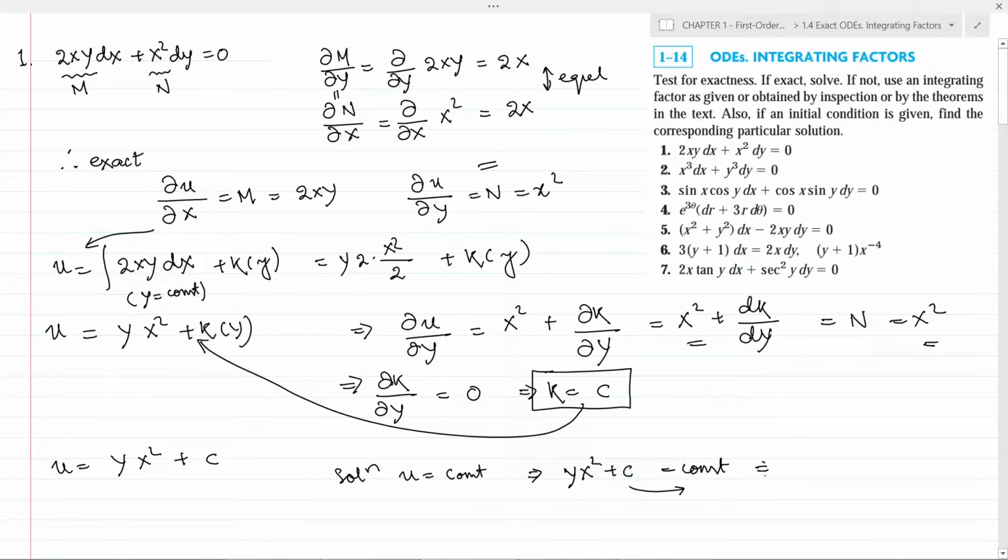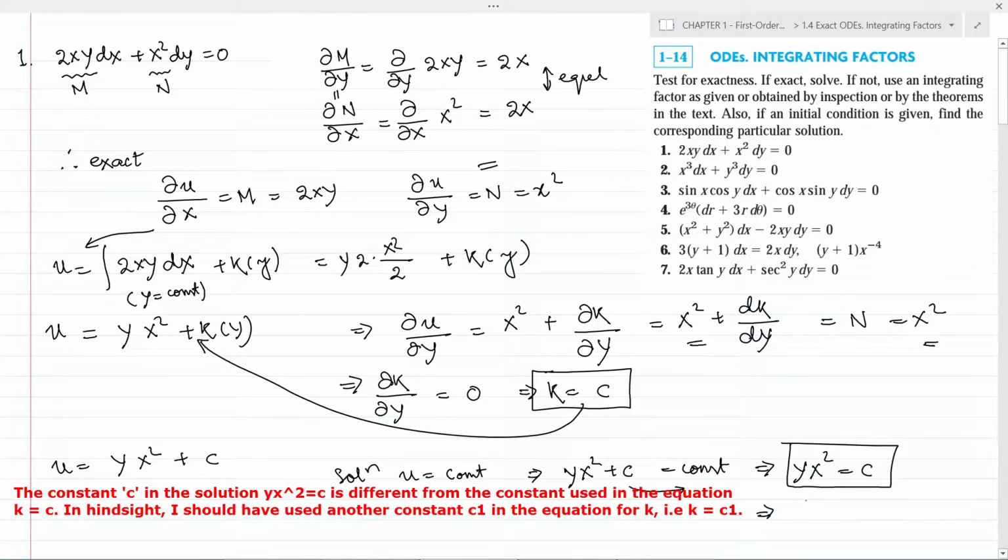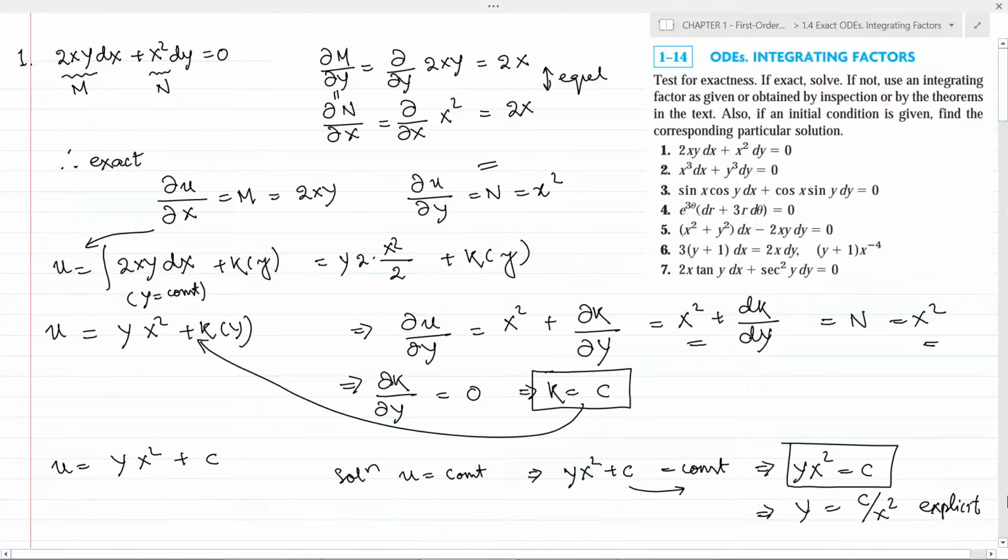So this becomes y x square equal to constant, and this is the solution of the ODE. We can express this in explicit form as y equal to c by x square.